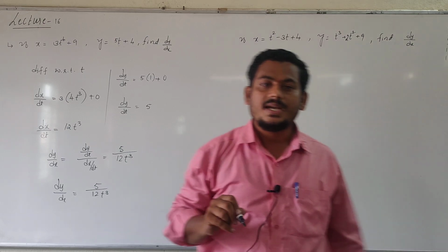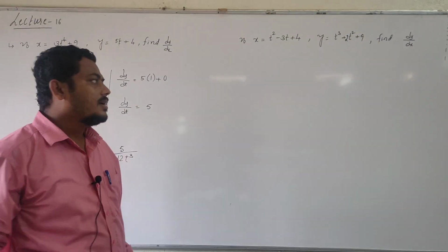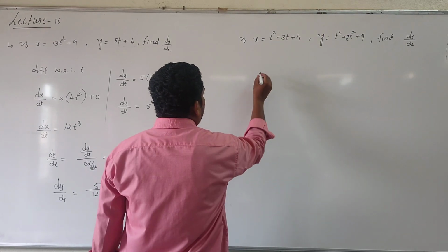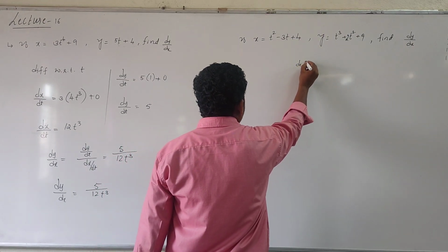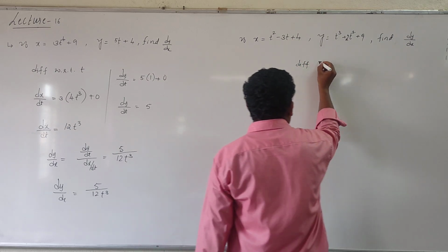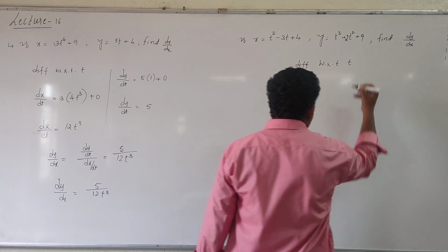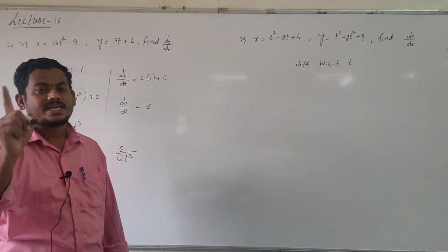Right? Find dy by dx. Clearly the x value as well as the y value are given. First, in the first step, differentiate with respect to t, not with respect to x.